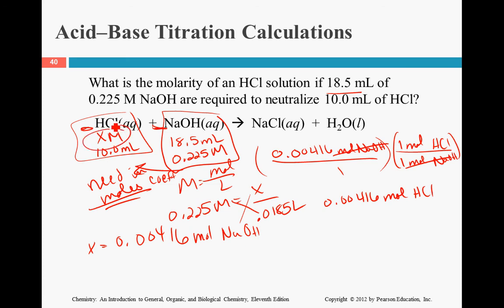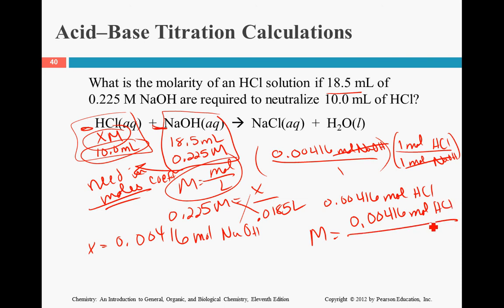We're looking for the molarity. So once again, we're looking for the moles over liters. We have the volume right here. So molarity is equal to 0.00416 moles HCl over, we're going to change this milliliters to liters by dividing by 1,000, .01 liters.